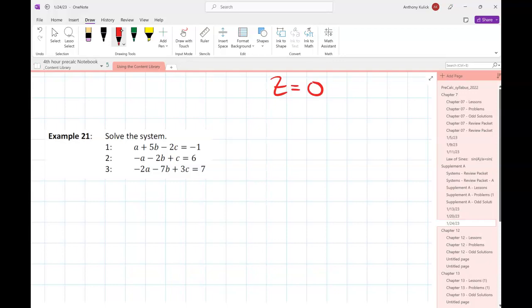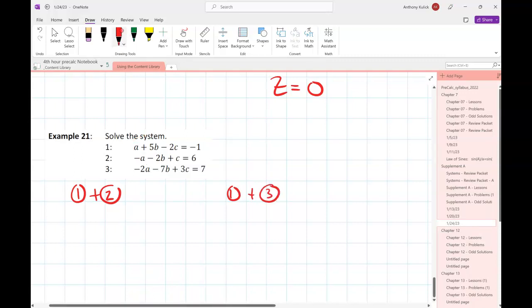I would do a's because I notice equation 1 and 2 are already ready to eliminate the a's. And then what do I have to multiply equation 1 by so that when I add it to equation 3, the a's eliminate? 2. Yeah, excellent.